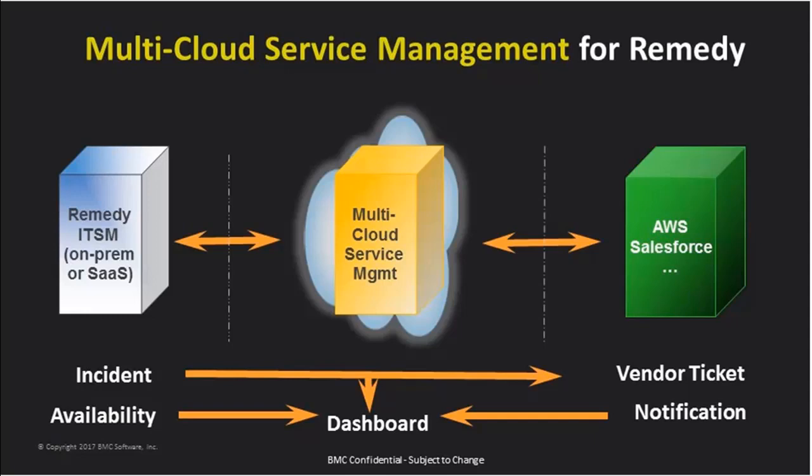And not only does it broker it out, it also synchronizes the service status, the status of the ticket. It enables collaboration between the cloud provider and yourself with the Remedy system. So it adds a lot of additional things, right?